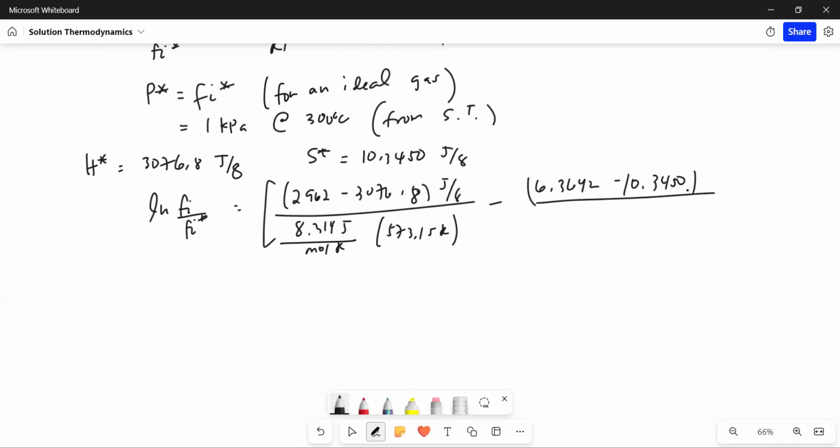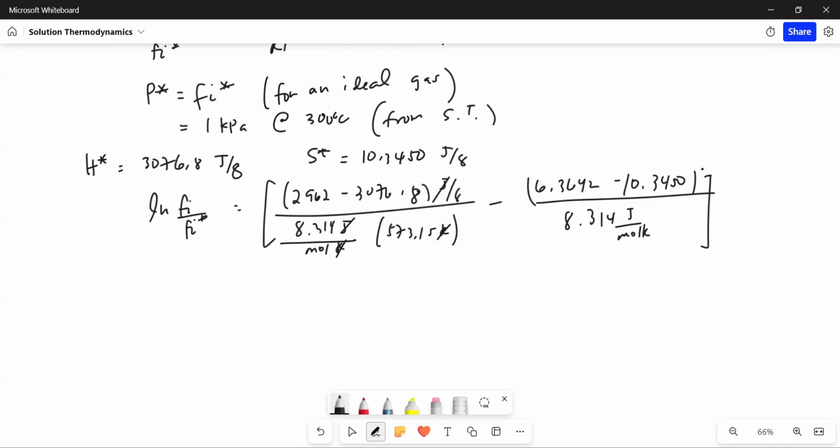And then divided by 8 joule per mole Kelvin. Okay. So far, let's check the units. What will cancel out? The joule will cancel out.